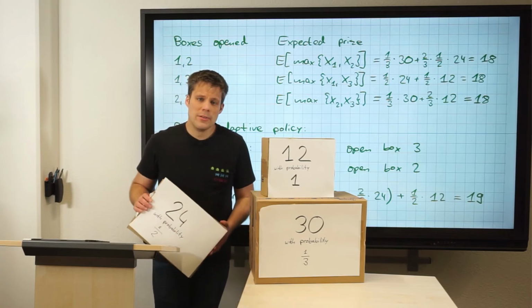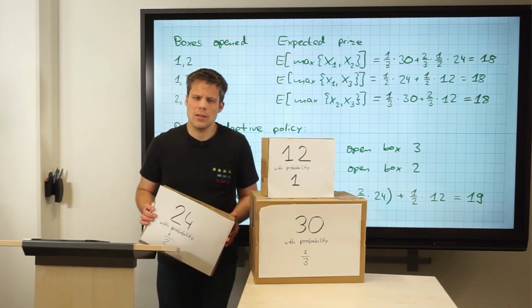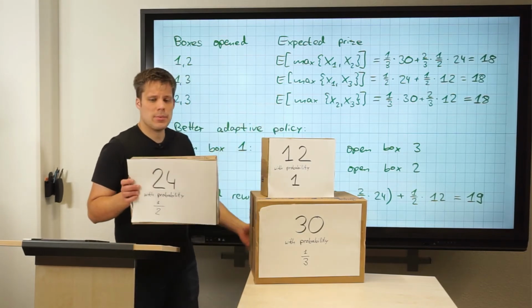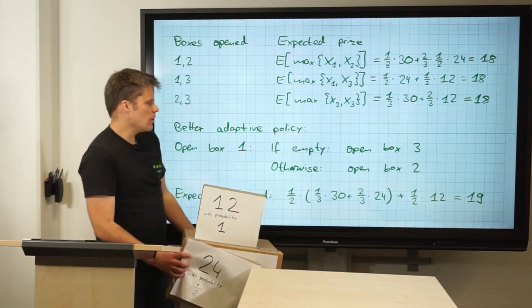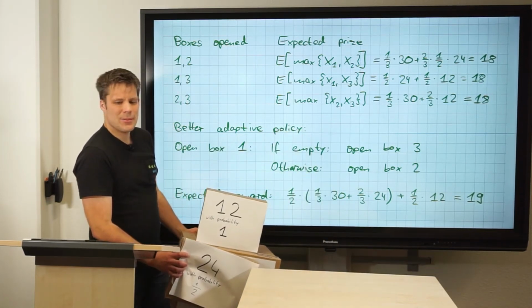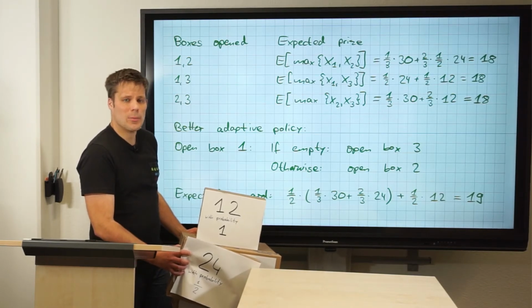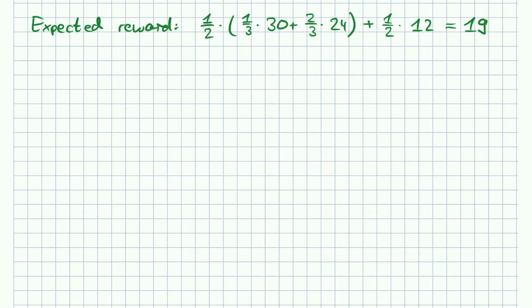So our question for today will be, how much are we losing if we decide to be non-adaptive as opposed to being adaptive, meaning that we make our choices depending on what we find in earlier boxes. This is what is called the adaptivity gap. The adaptivity gap is the following.